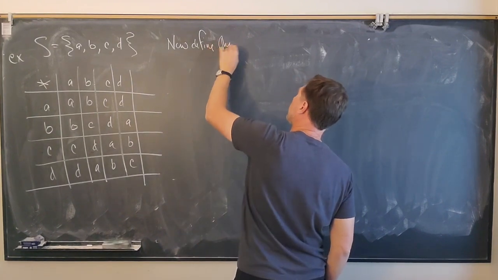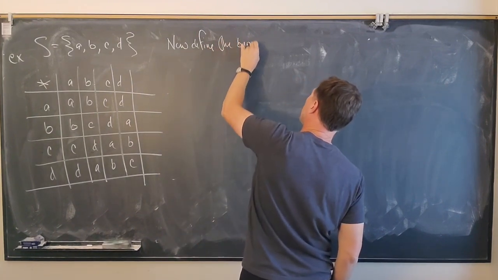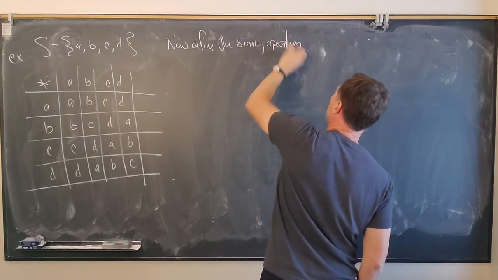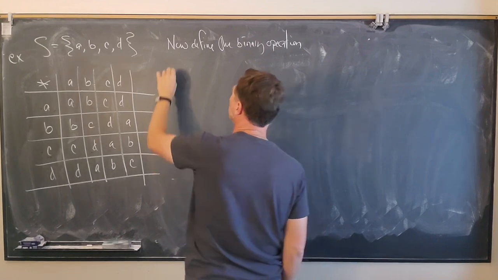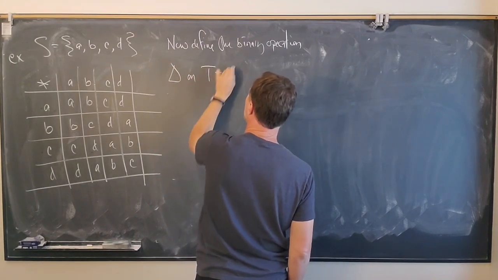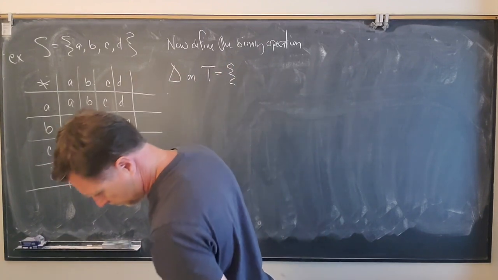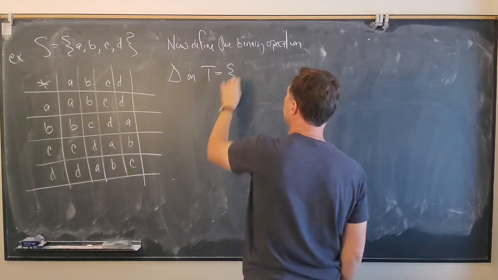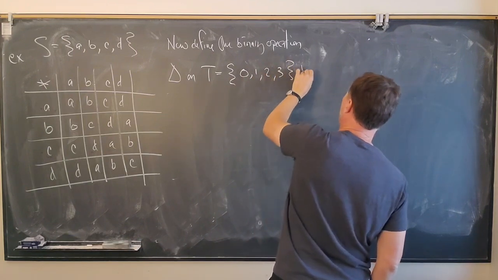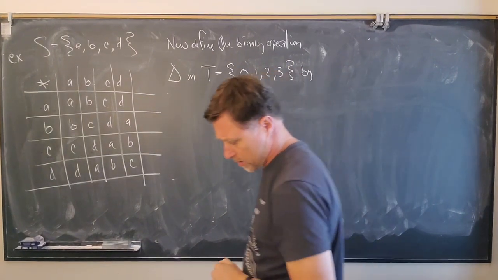So the binary operation triangle on the set T, which will be the numbers 0, 1, 2, 3, by the following formula.